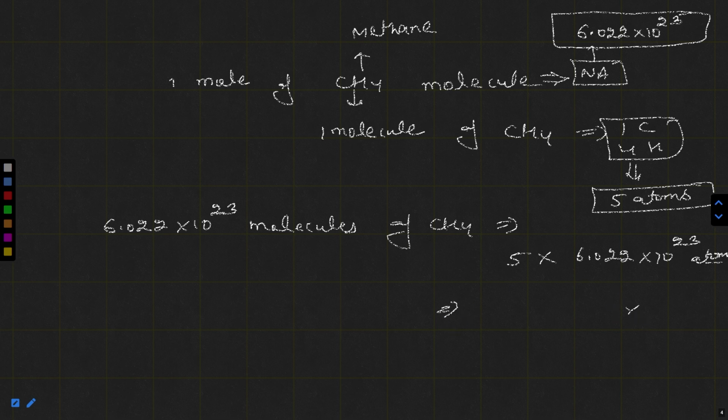So 5 into 6 is 30, 5 into 2 is 10, and so on. It comes to 30.110 into 10 raised to the power 23 atoms.